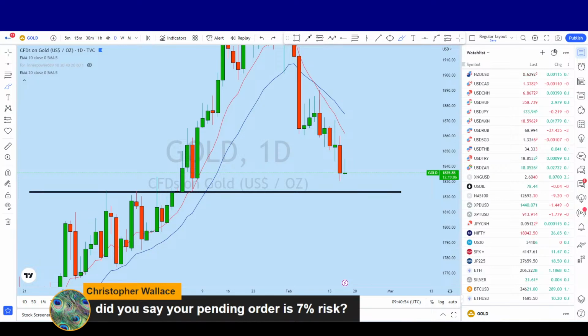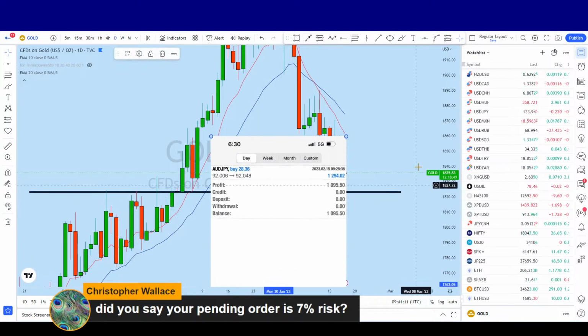You have probably seen the previous robot trade, but let me show you. This is the last robot trade that I took in my account, also around 7% gain.